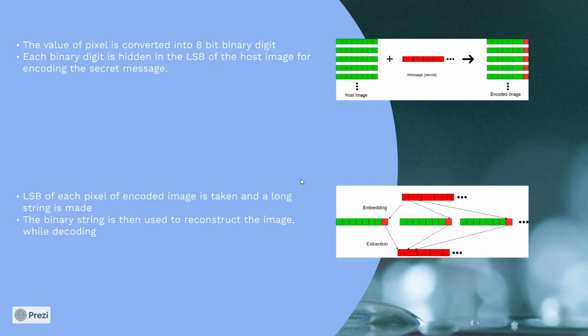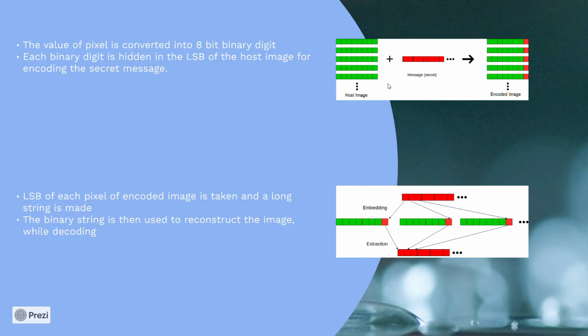So in this approach, we reshape the hiding image, the image which is being hidden inside the host image, into a one-dimensional array, and then we change the pixel values from decimal to binary system. When we do it, we get a very long binary string similar to this, which is represented by this secret message, or basically the hiding image.